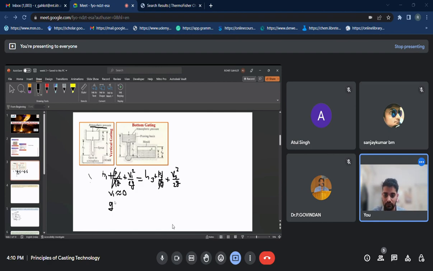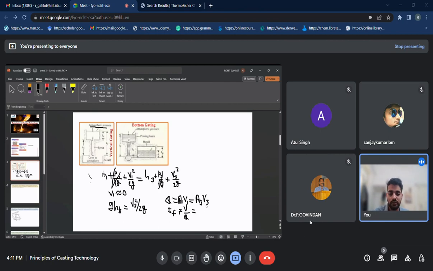Then if we equate these terms, I'm directly skipping one step, from this we can get a term for v3, the velocity at point 3, and then by applying the continuity equation we can find out the filling time.